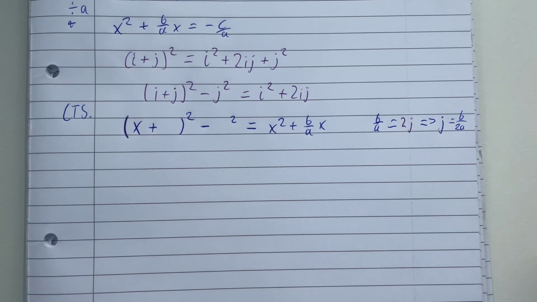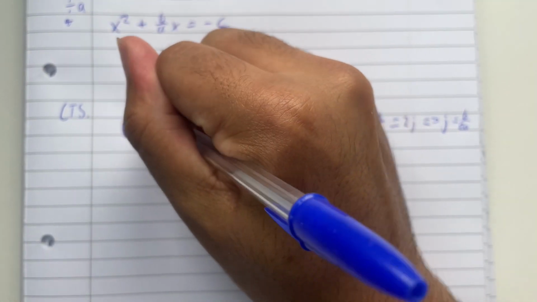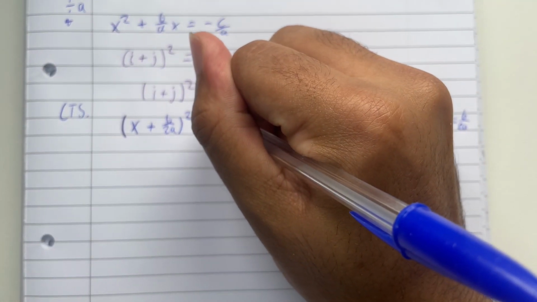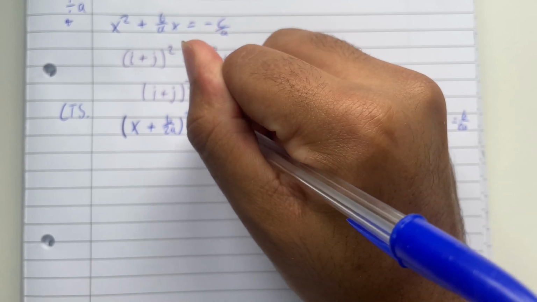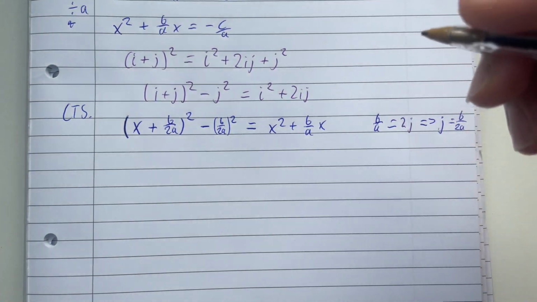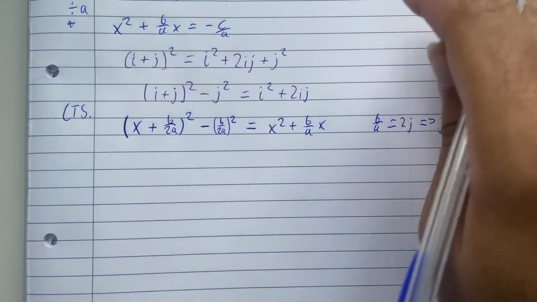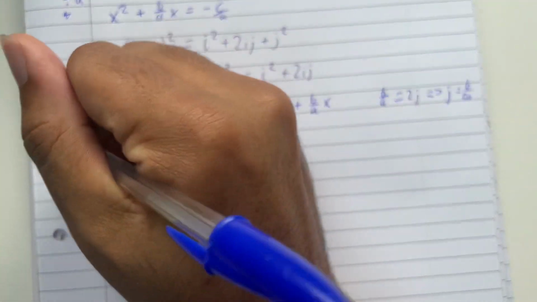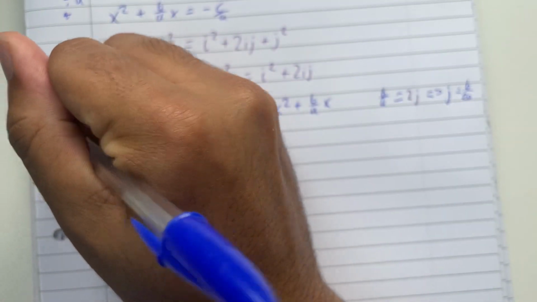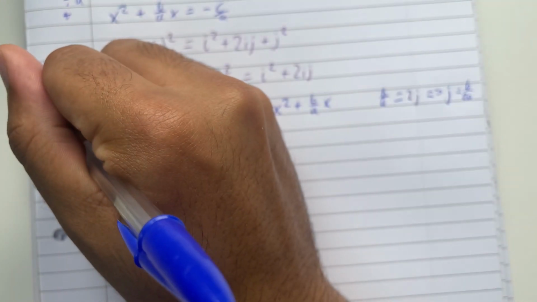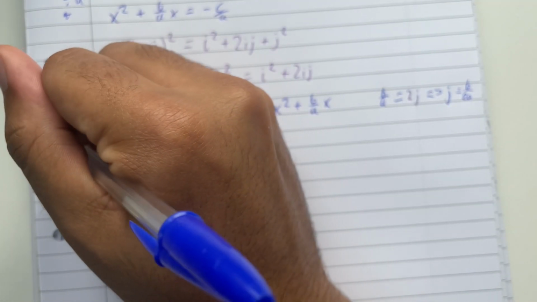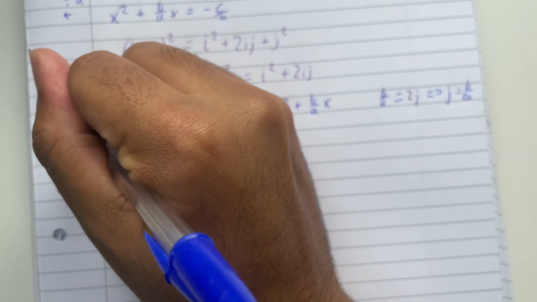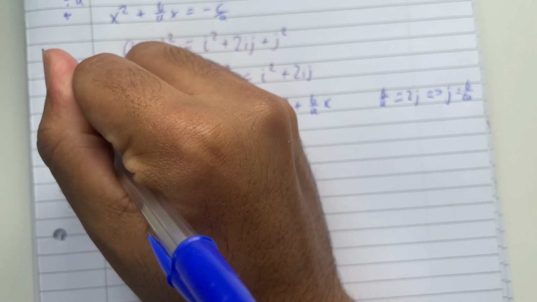So let's fill it in. So x plus b over 2a squared minus b over 2a all squared is equal to x squared plus b over ax. So now I've completed the square. I'm going to add our b over 2a squared first to both sides.